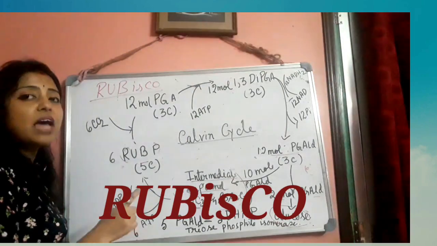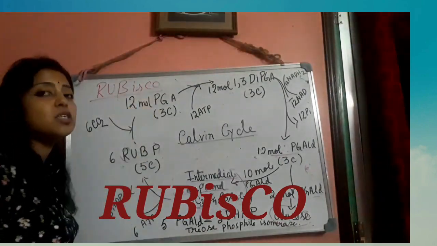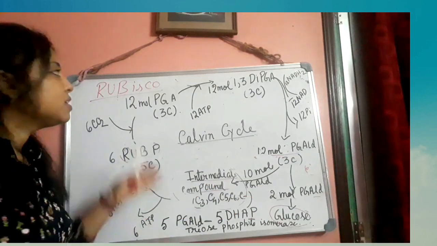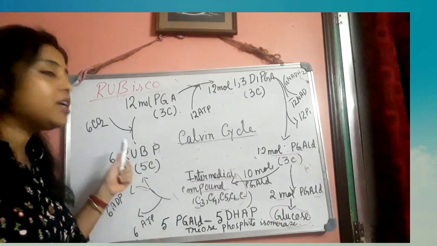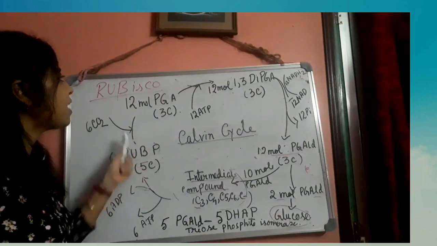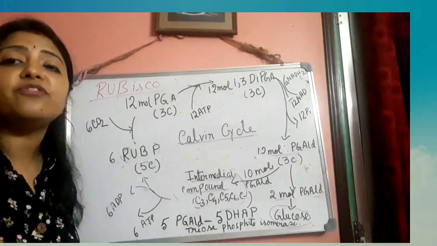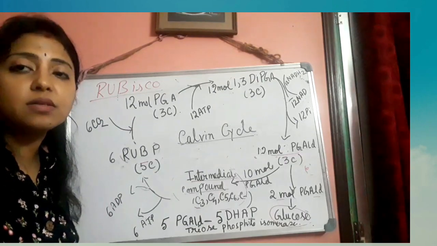And one enzyme is needed here, that is Rubisco. Rubisco means RUBP carboxylase oxygenase. Here it will be acting as carboxylase enzyme for the fixation of carbon dioxide.